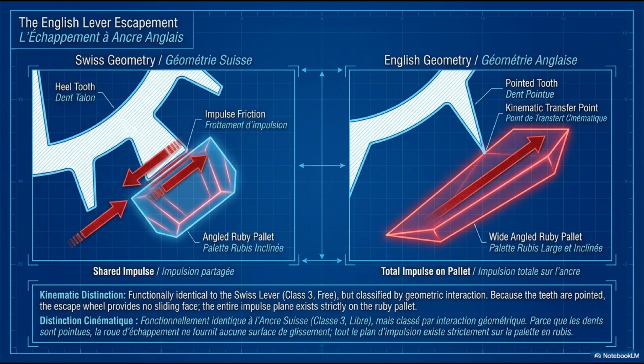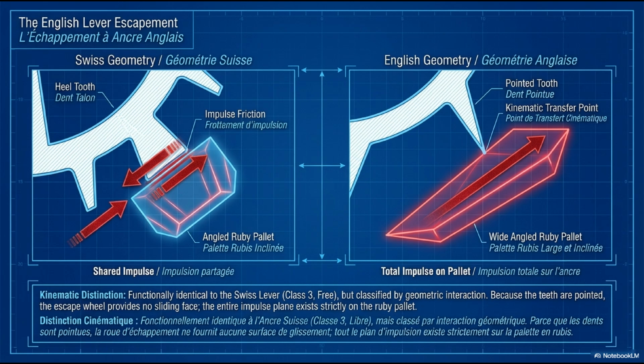Kinematic consequence: English lever pallet stones must be significantly longer and more precisely profiled than Swiss lever stones, because they handle the complete energy transfer geometry without any tooth contribution. Longer stones are more exposed to wear and more difficult to manufacture. In practice, a small flat is typically left on the English tooth tip for robustness.